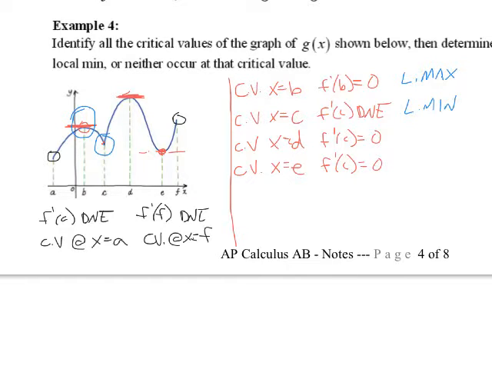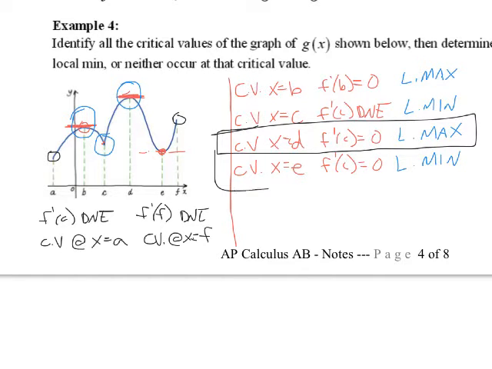At d, we come to a high point, so that is a local max. And finally, at e, we come to a low point, so that is a local min. And incidentally, though it doesn't ask for it, x equals d is the global max. So we could also say that there's a global max at x equals d.